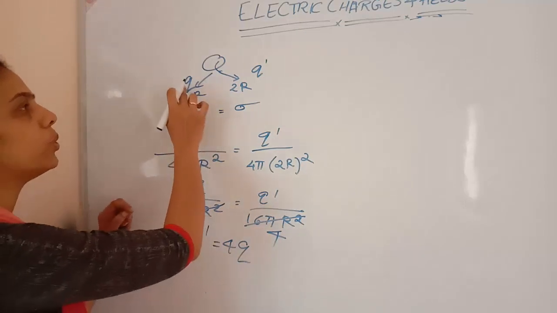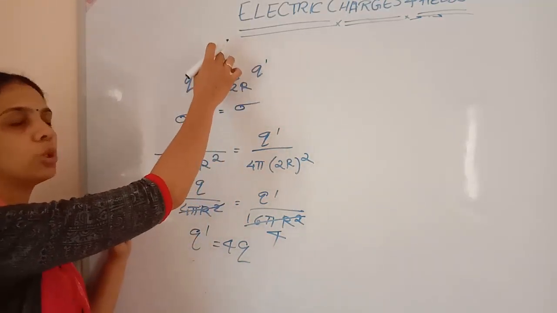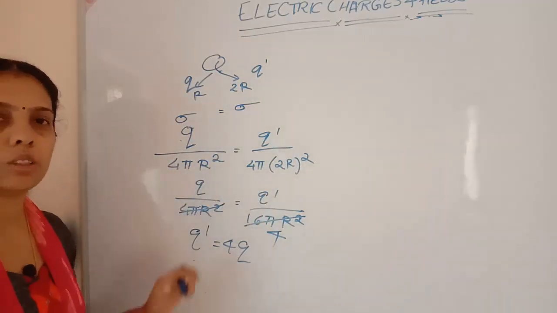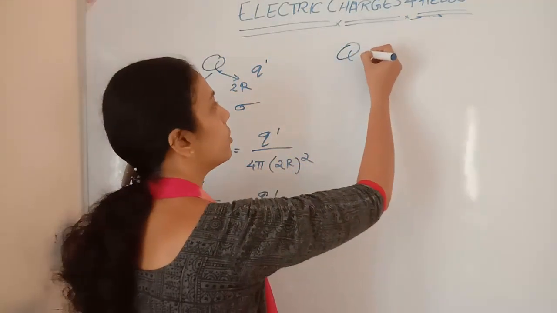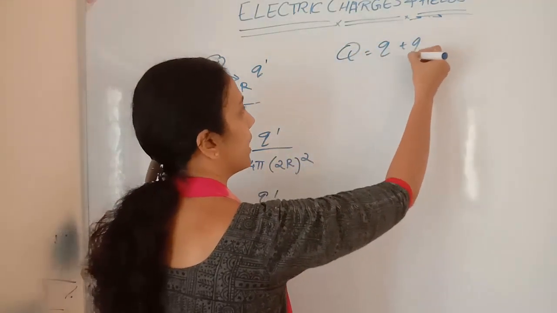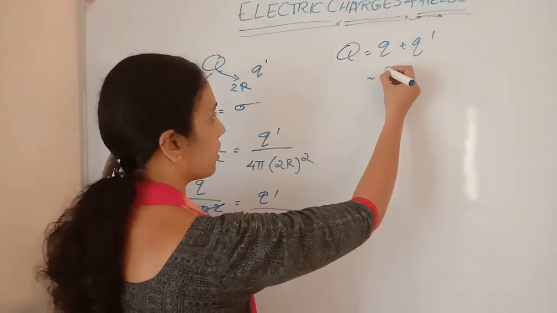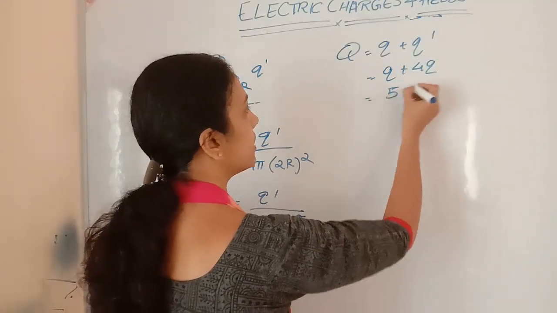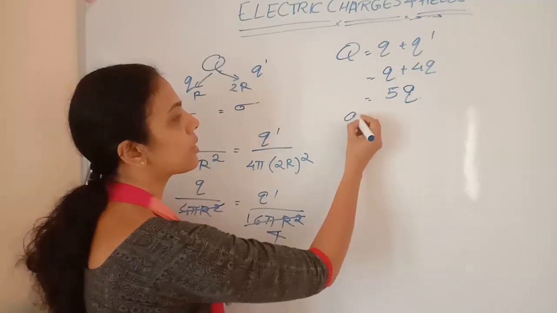Now the sum of q and q dash is equal to Q, because the total charge Q is distributed only to these two spheres, right? So Q will be equal to q plus q dash, that is q plus 4q. That is the total charge is 5q, small q. So what is Q here?